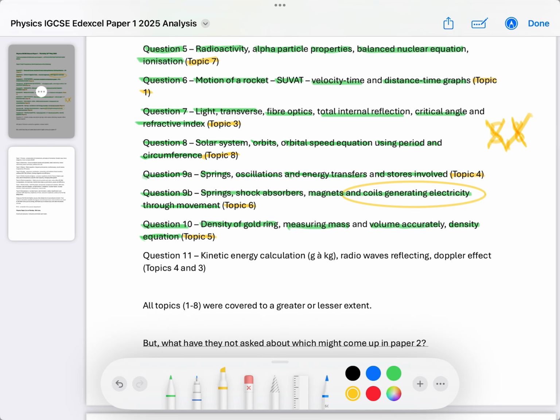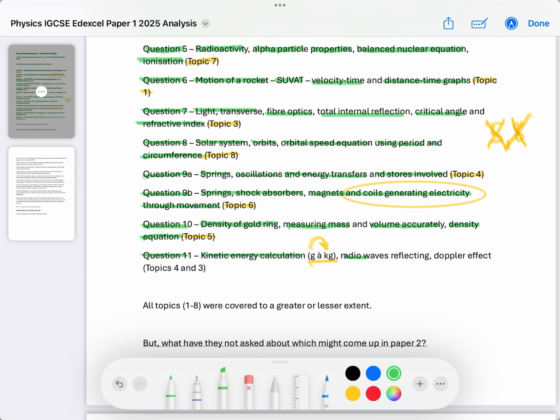Okay? So what the final question was question 11, which made you calculate kinetic energy, and they are trying to confuse you. They wanted you to convert grams into kilograms. Okay? So you have to do grams into kilograms and seeing if you did it the right way.